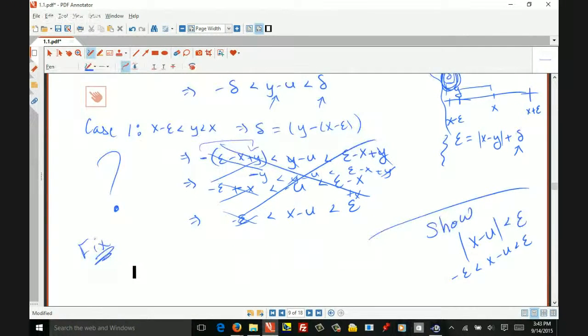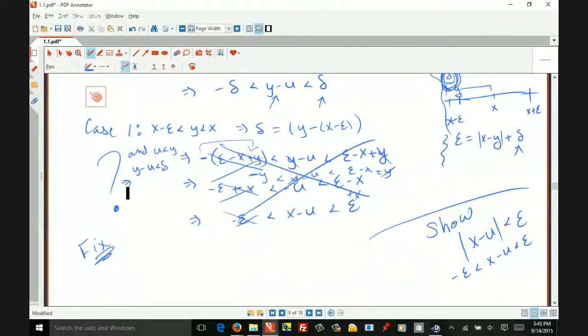So instead of just the case for this right here, I also need to know that x minus epsilon, I need to know that u is less than y, so that y minus u is less than delta. That's what I need to know.